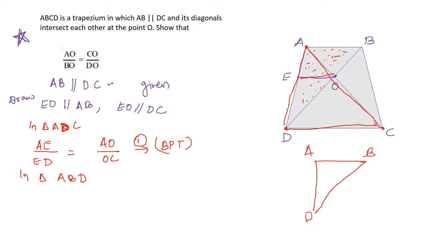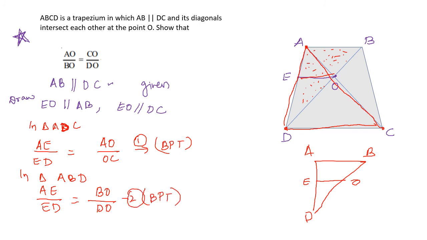If you are not clear, then you can draw the triangle like this and then you can find out. Then there is EO here. Now in this case, what can I write? AE by ED is equal to BO by DO. Isn't it? That is also by BPT. That is my second equation.